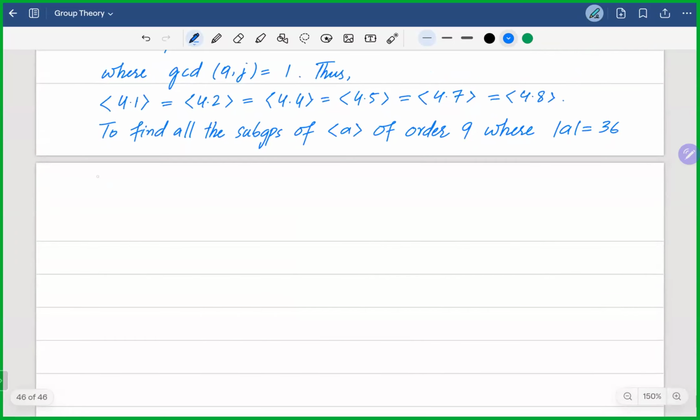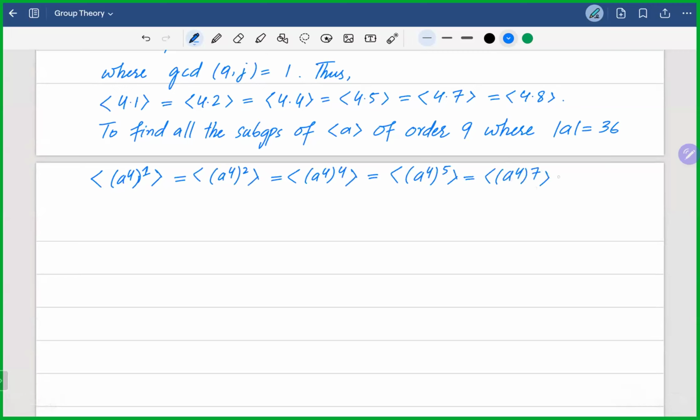We have that it will be the set generated by A power 4 power 1, the set generated by A power 4 power 2, the set generated by A power 4 power 4, the set generated by A power 4 power 5. Similarly, the set generated by A power 4 power 7 and A power 4 power 8.